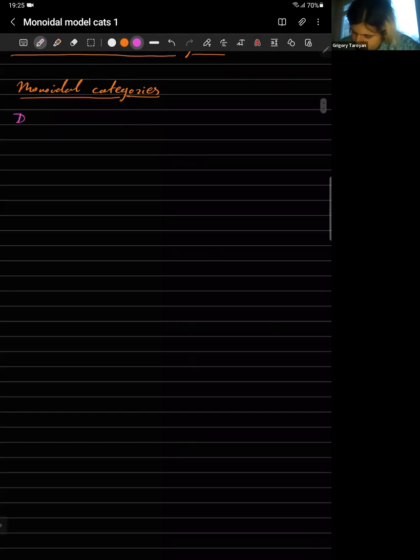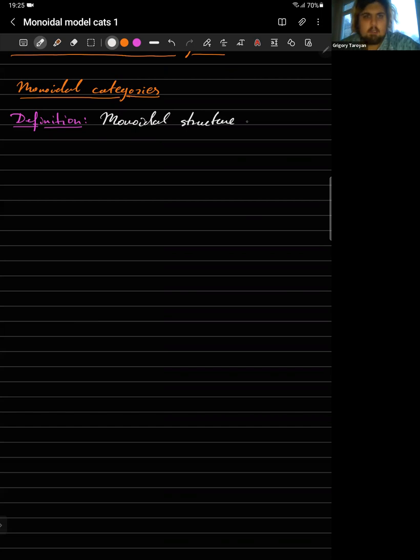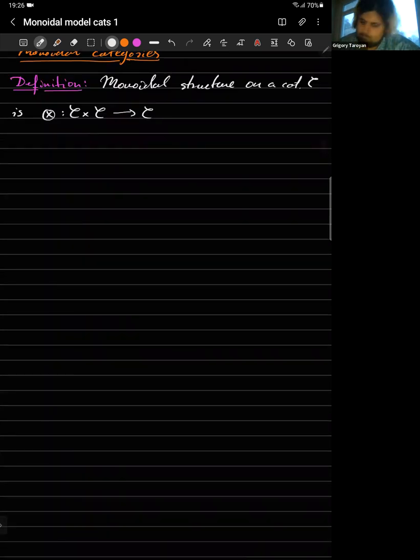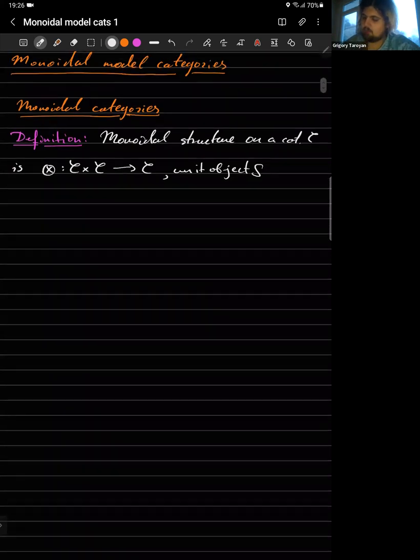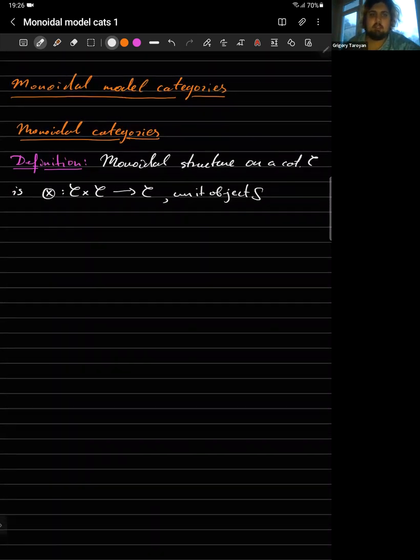Okay, so definition. Monoidal structure on a category is first of all a functor, which is usually denoted as tensor product from C times C to C. Unit object S. I think that the name comes from the fact that usually one considers spectra, and in spectra, the unit object is precisely the spectrum of a sphere, the sphere spectrum.